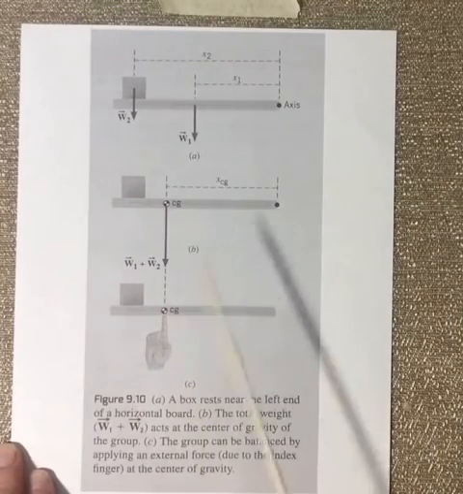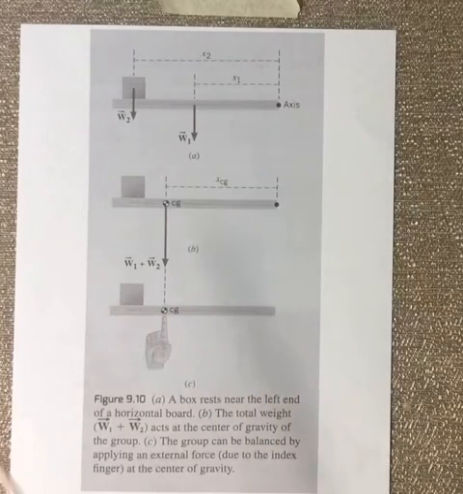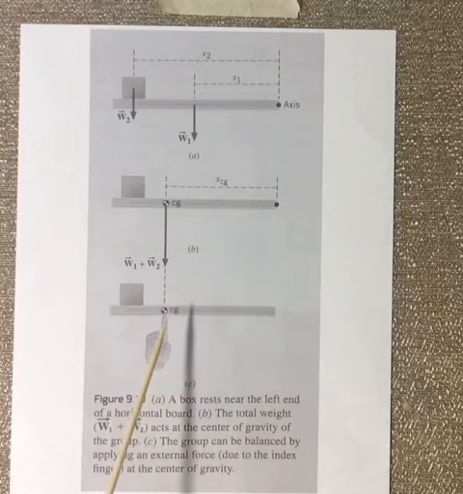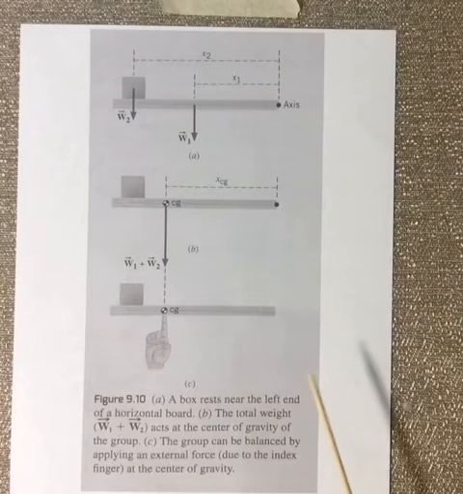You have W1, W2, x1, x2. Then we are interested to find out where the center of gravity is. So that is xcg, and the equation we'll be using is W1 x1 plus W2 x2 divided by W1 plus W2.